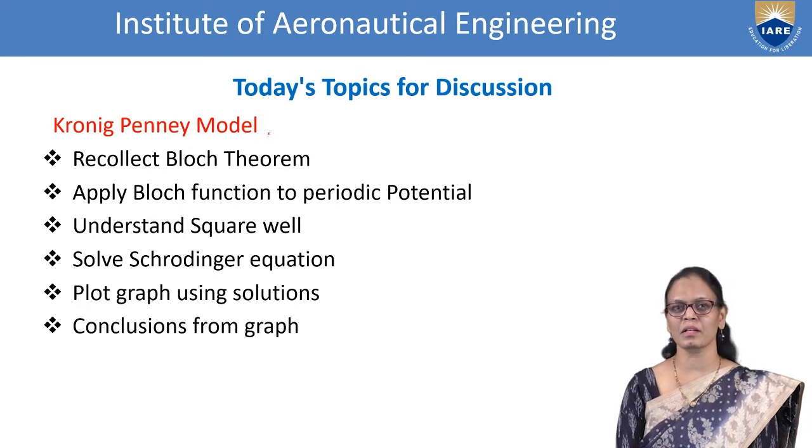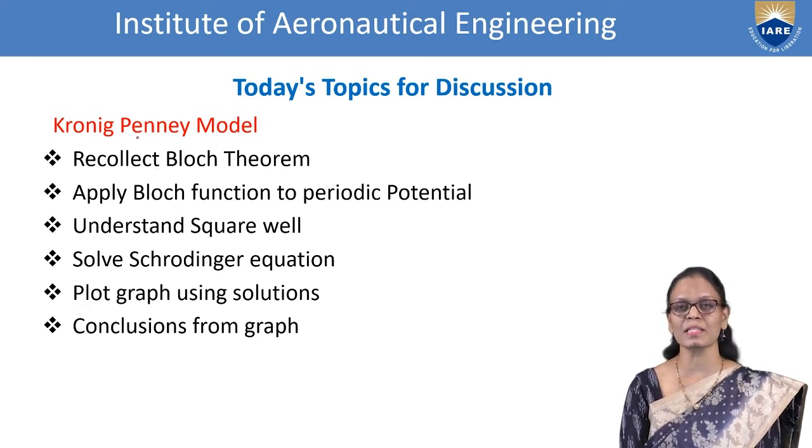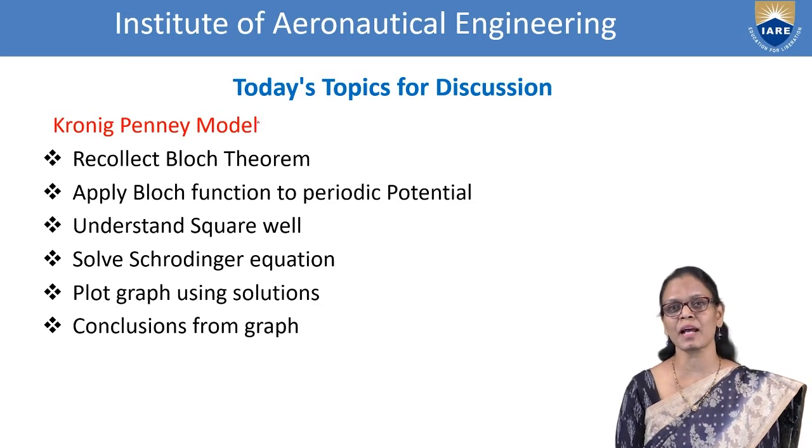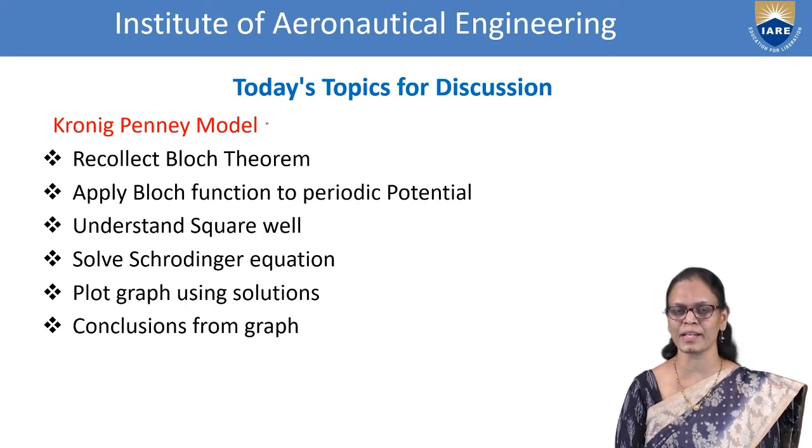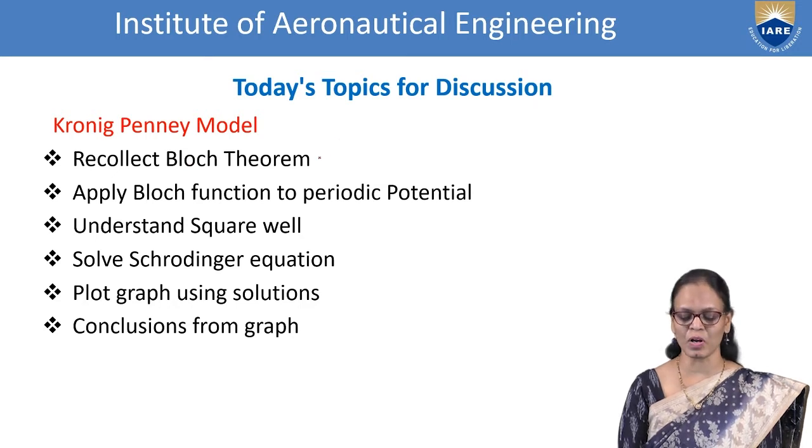So, what is this Kronig Penny model? Kronig and Penny are two scientists who helped us to understand the periodicity, especially of the movement of electrons in a crystal lattice. To understand this, we need to recollect the Bloch theorem. Bloch gave us a function which describes the periodicity.